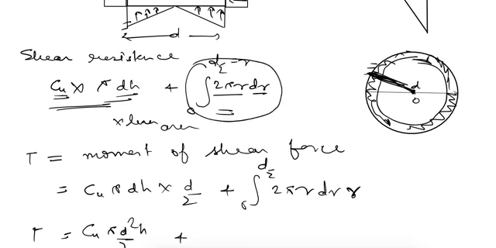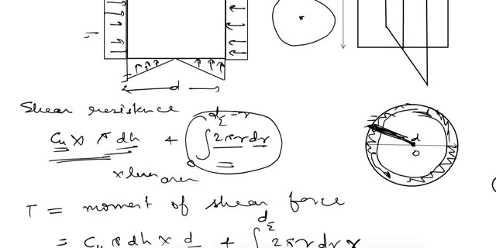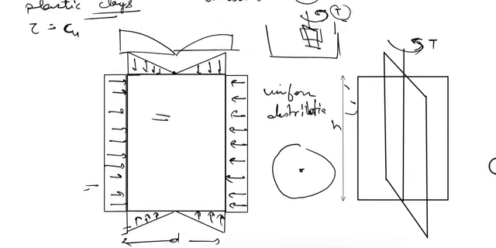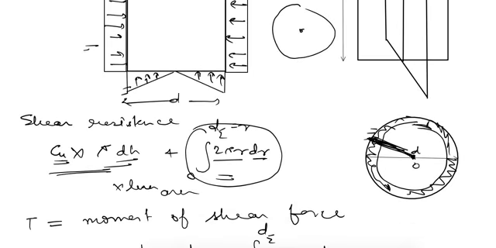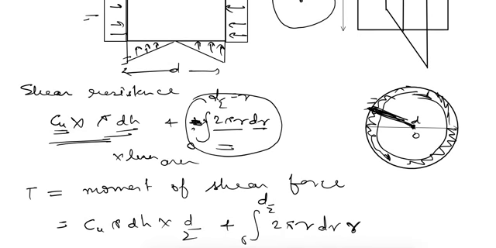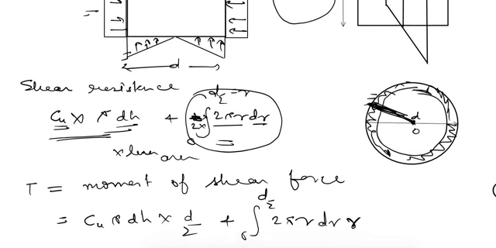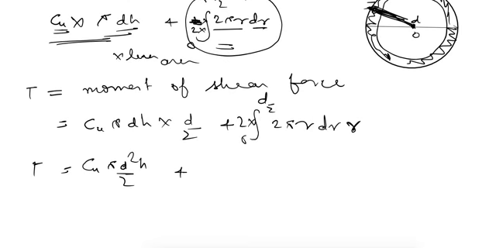We have two surfaces here. If the vane is completely inside the soil, the top surface is sheared and the bottom surface is also sheared, so it will be 2 times this term, and if only one surface is sheared then we can simply take 1. Let's solve for both the surfaces. It will be 2 times this value, and here also it is 2 times this value.